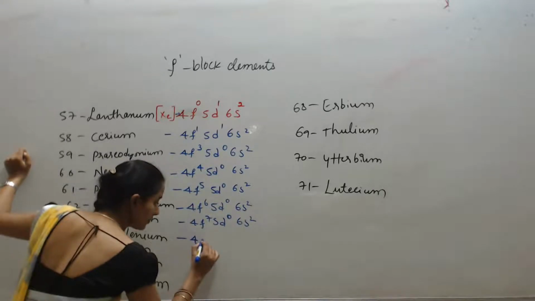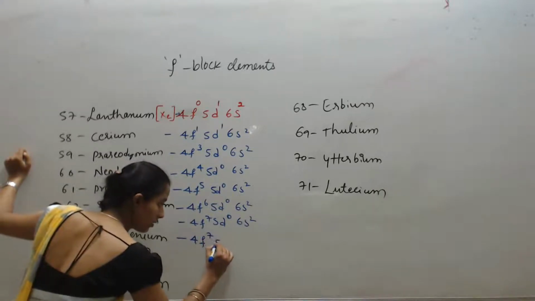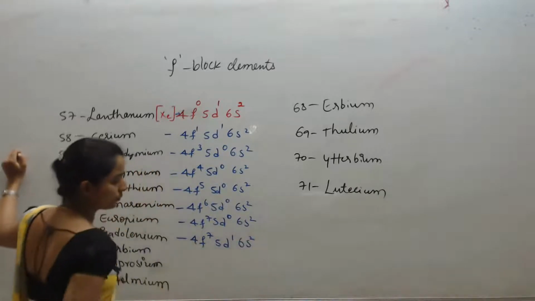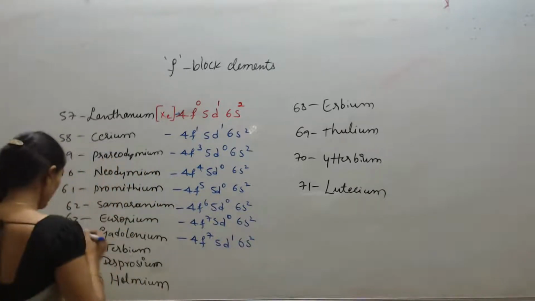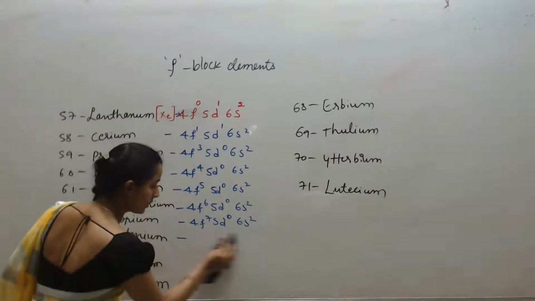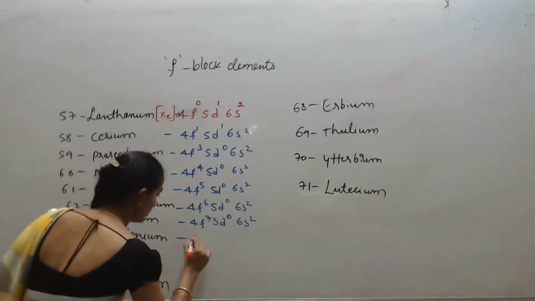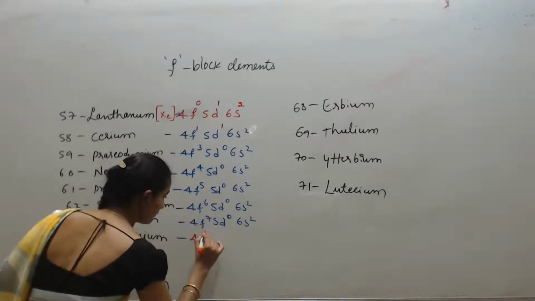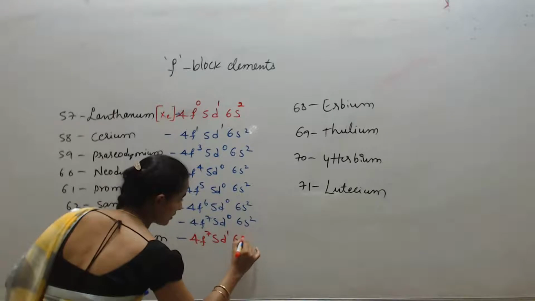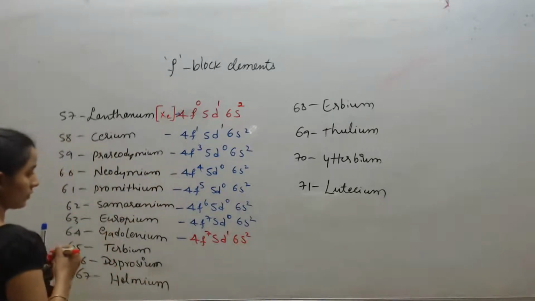Here when it comes to gadolinium, it is not 4F8. So it is what? 4F7, 5D1, 6S2. Okay? It is gadolinium. I write it in red color: 4F7, 5D1, 6S2.